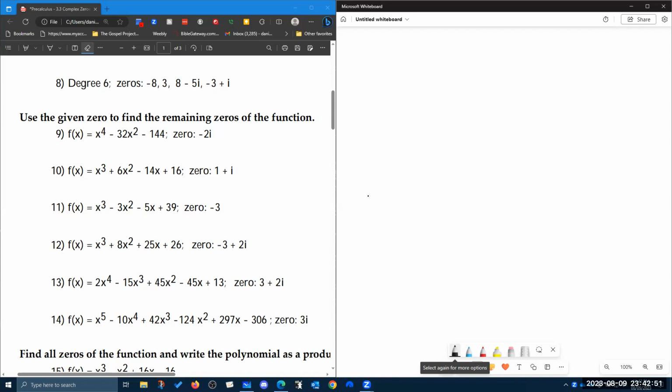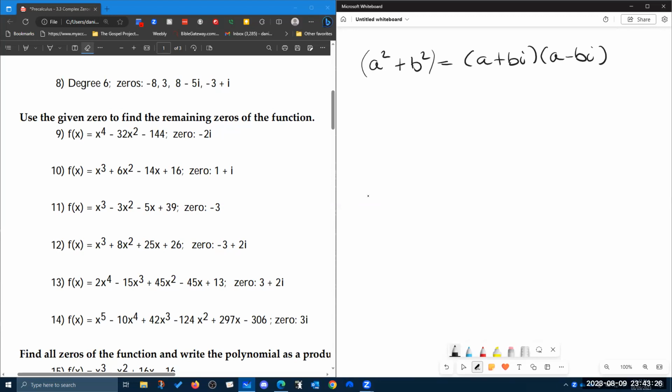So we're going to use the fact that a squared plus b squared breaks down into a plus bi times a minus bi, and what we discussed in the last video, that every time I have one of these factors, I have to have the other one because they come in conjugate pairs. So that's always going to force a factor of a squared plus b squared.